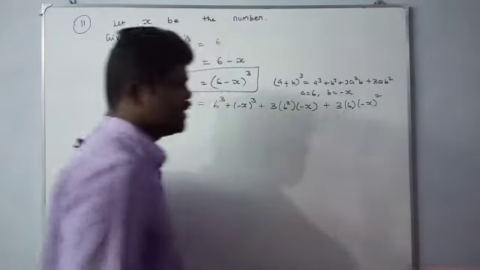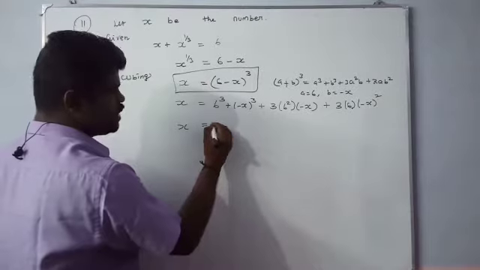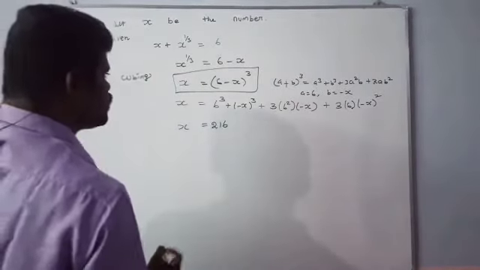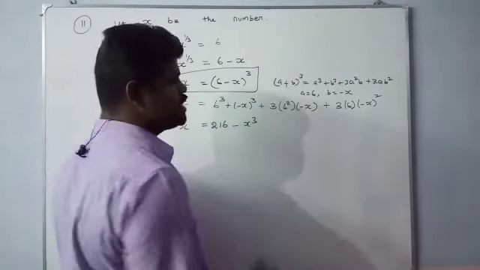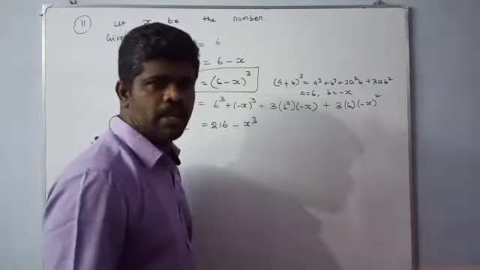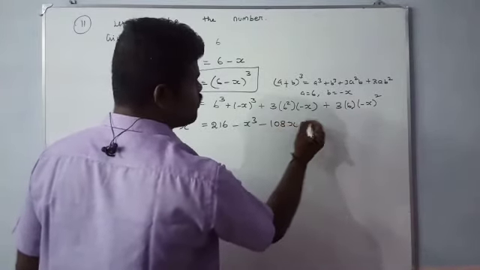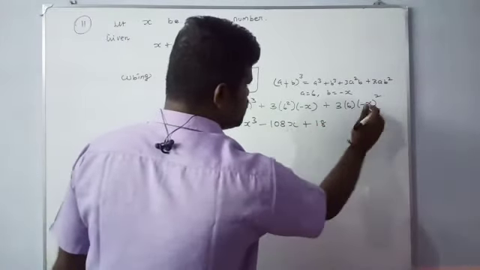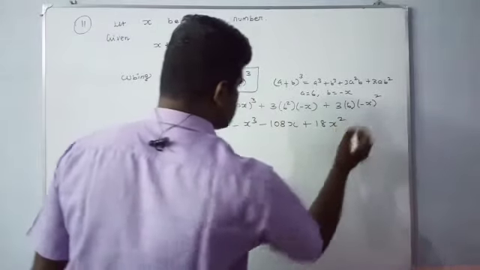Now what is the value? X is equal to 6 cube, which is 216, and minus x cube here, and this one is 36 into 3, 108, so minus 108x here, plus 18, this minus can be squared, so 18x square.